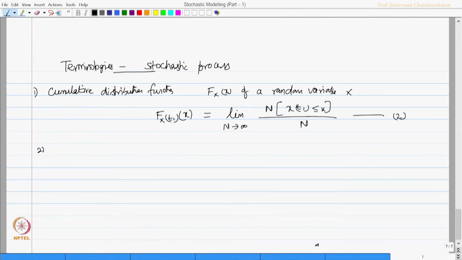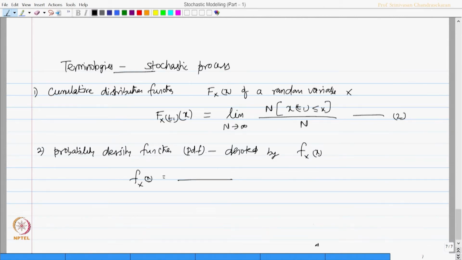The next one is the probability density function, which is PDF, denoted by small f of x and is given by small f of x is dF x by dx.